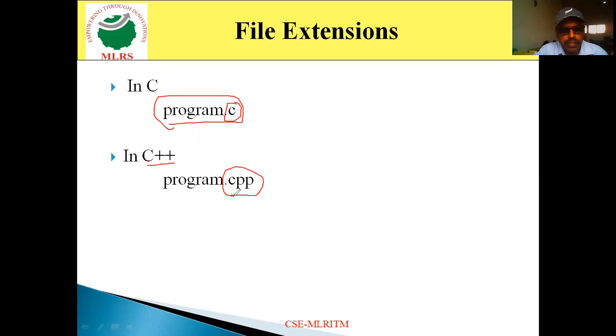CPP indicates plus. So in C++, if you want to save a file, you can use the file name extension .cpp. This is the difference between C and C++ file extensions.